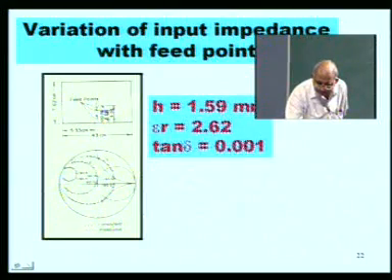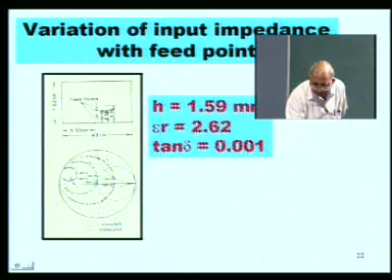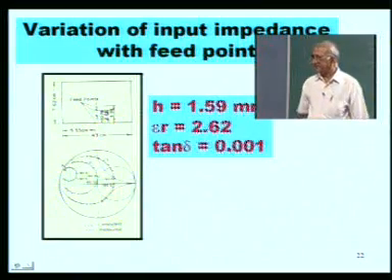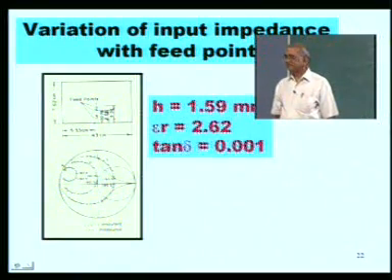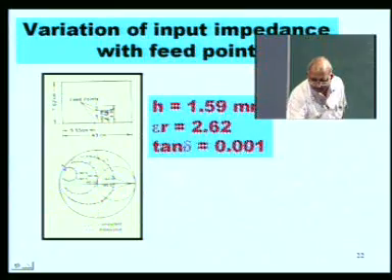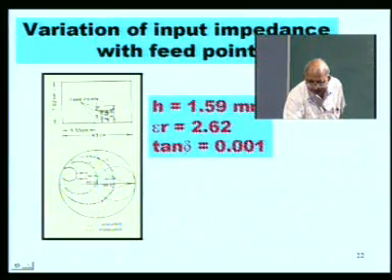The one which is almost at the center, this is the impedance locus, that as you vary the frequency the impedance is going to vary. This is a Smith chart, and you can see that the real part of the impedance is quite high, okay. And it is a small locus, right, because it is in the center.